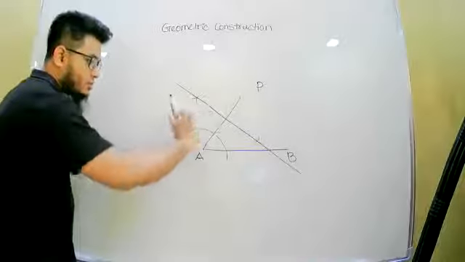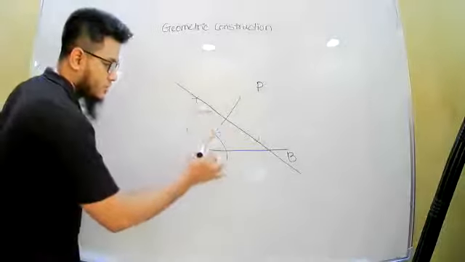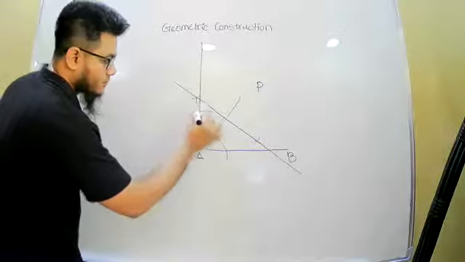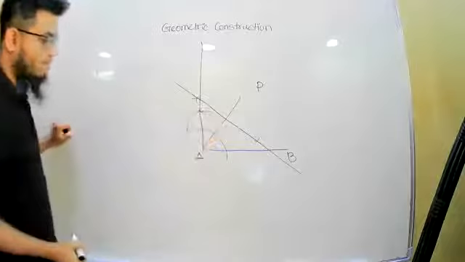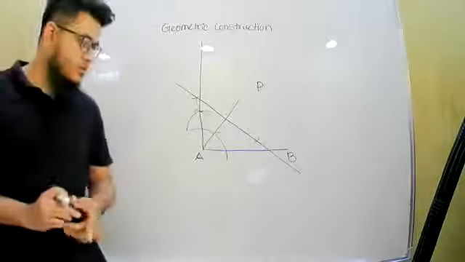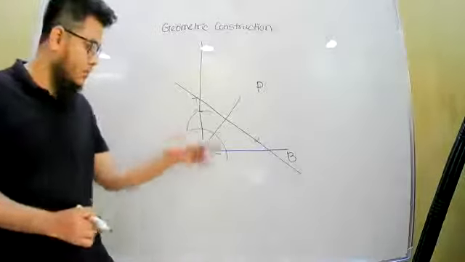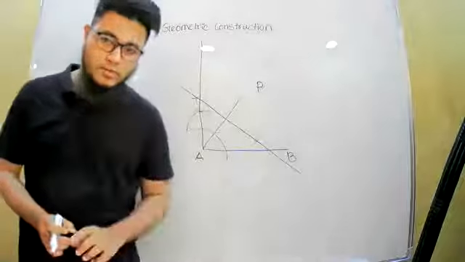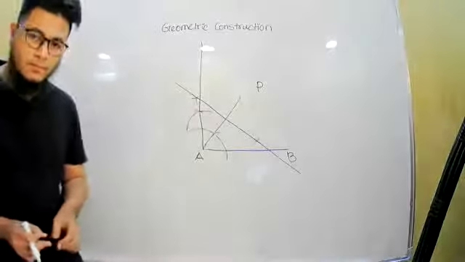And from here, you should draw another arc. So, this should be your perpendicular. You know how to draw a perpendicular like this, right? With 4 arcs, 1, 2, 3, 4. Right? Yes, sir.